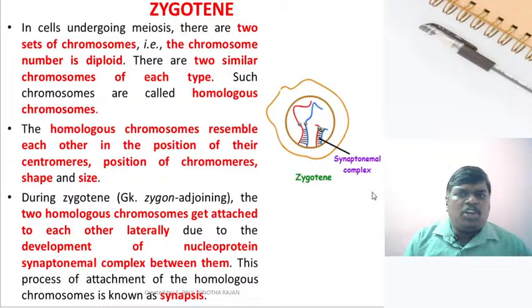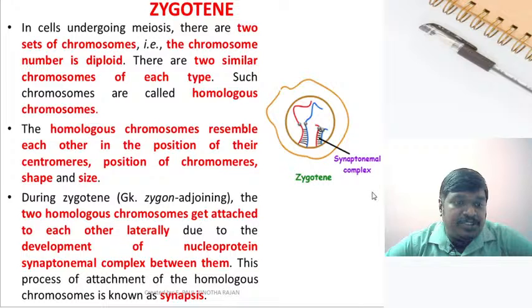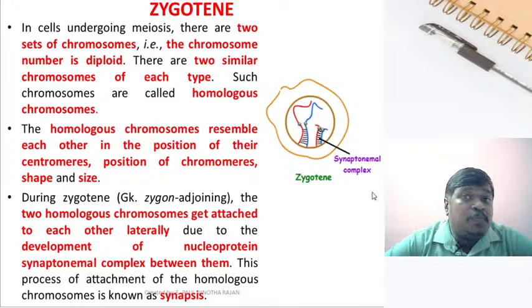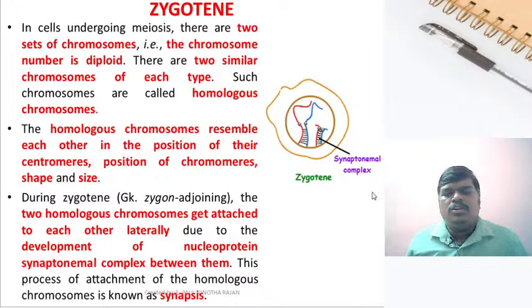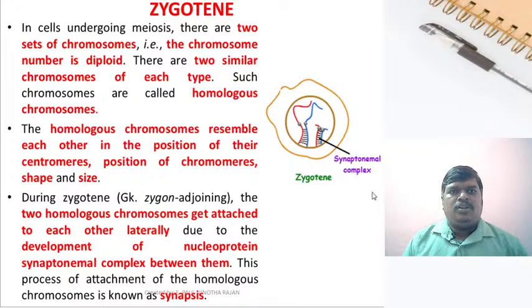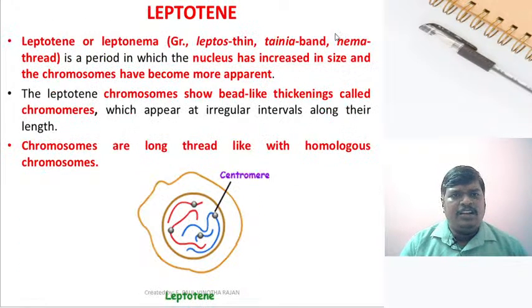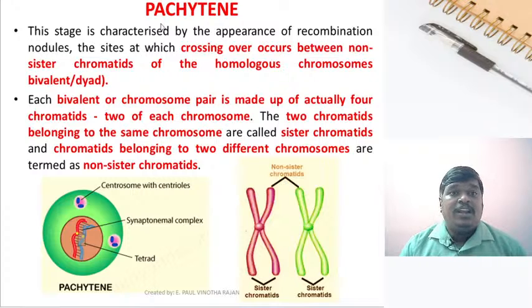This synaptonemal complex formed between the two chromosomes is because of a nucleoprotein, and this process is also called synapsis. That's called attachment of homologous chromosomes, which is called synapsis. The synapsis is formed because of the synaptonemal complex. Now what is happening in leptotene? Thread-like chromosomes are formed. Here pairing of chromosomes takes place. That is called zygotene.